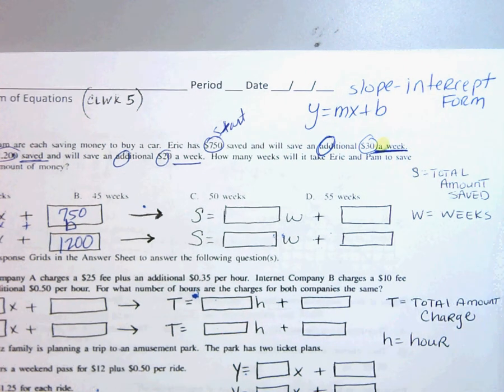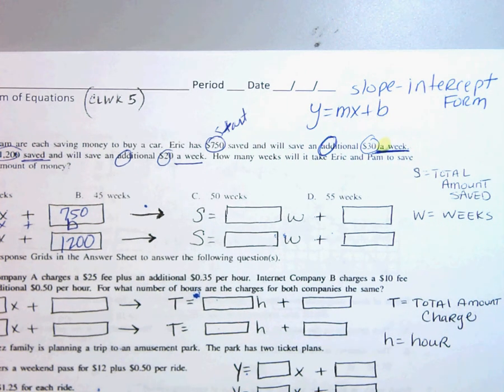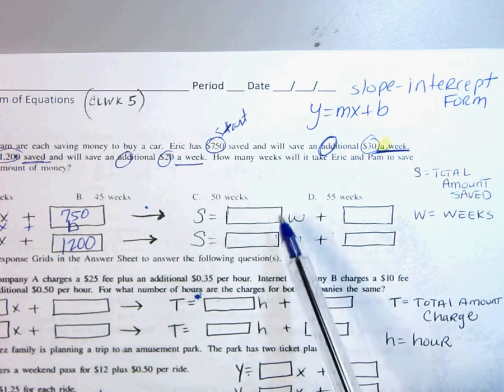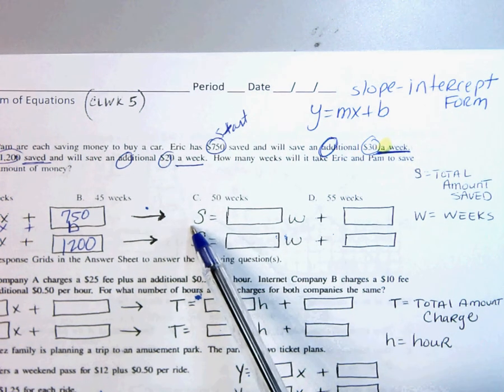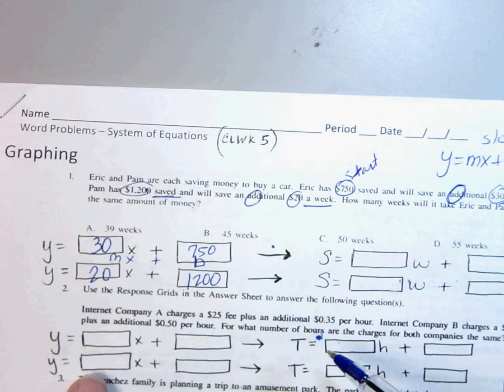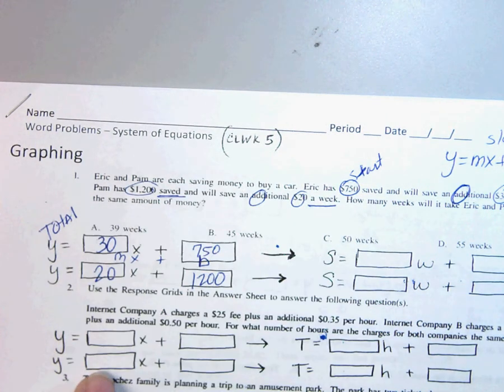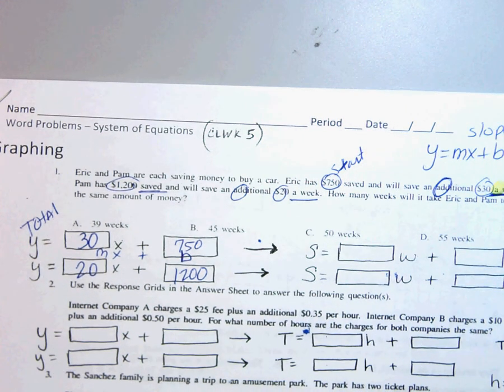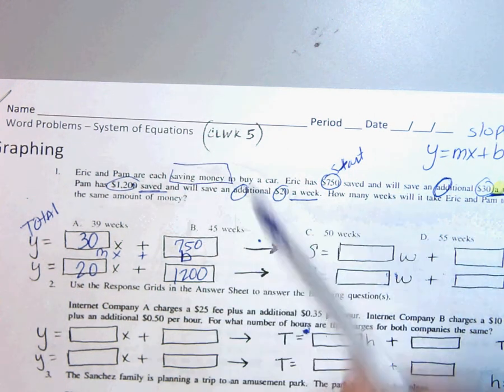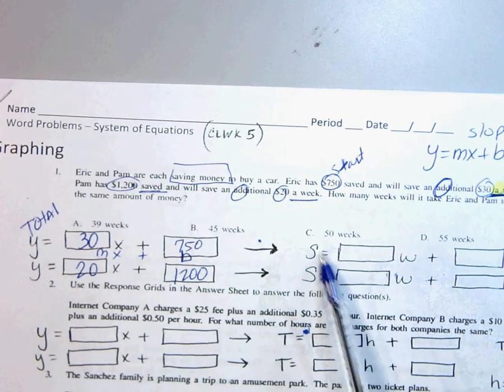And I know you guys are saying, well, how did you know to put the W next to this box and the S at the end? Well, remember, Y will always be your total. So this problem is talking about how much is going to be saved. We're saving money. That's how I knew to put this here.